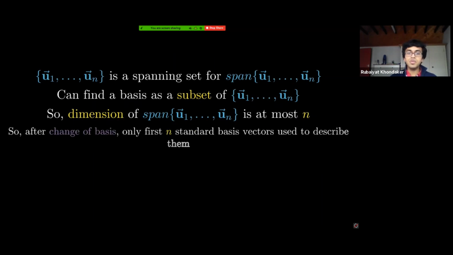So when we do a change of basis, we only use the first n standard basis vectors to describe them, just like how when we rotated down to a low dimension before, we only used i hat and j hat to describe BMW. The k hat component was 0. And so only their first n components could be non-zero. All the rest are going to be 0. So they really are now basically n-dimensional vectors.